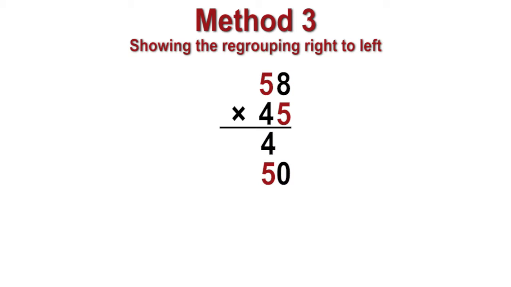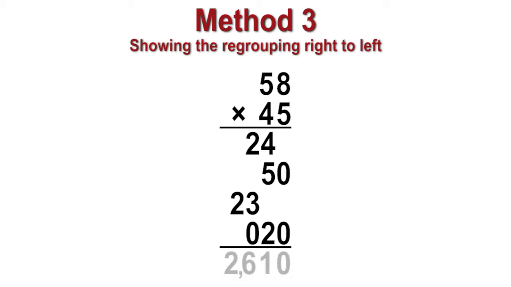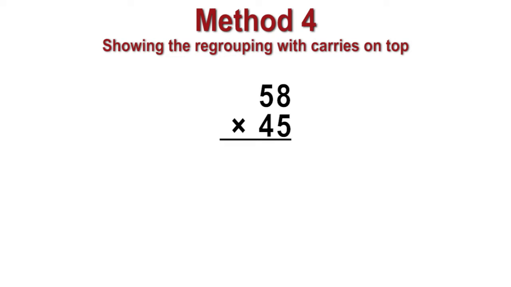A 5 will be recorded in front of the 0 in the tens place, and the 2 hundreds will be recorded as a regrouped or carry number in the hundreds place. Then move on to the tens place and multiply out the 40 as seen here. The final product can be found by adding all the digits for a total product of 2,610.